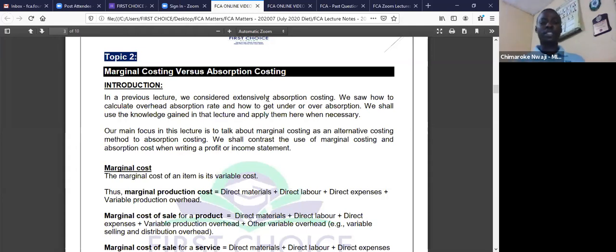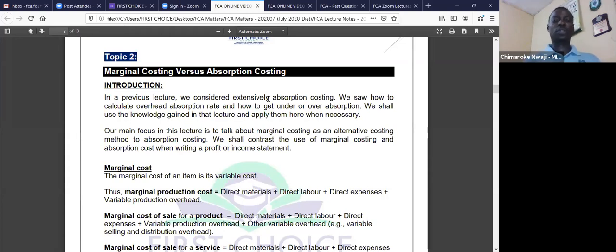So all these things, you see the word production here. When you hear direct material, direct labor, direct expenses, these are marginal production costs. So we can as well say that marginal cost of sale and marginal production cost is marginal prime costs.